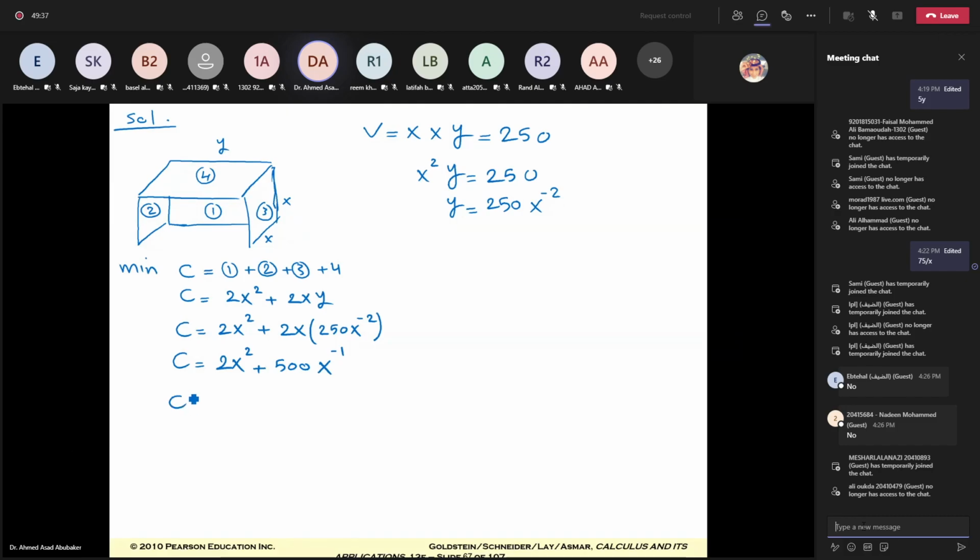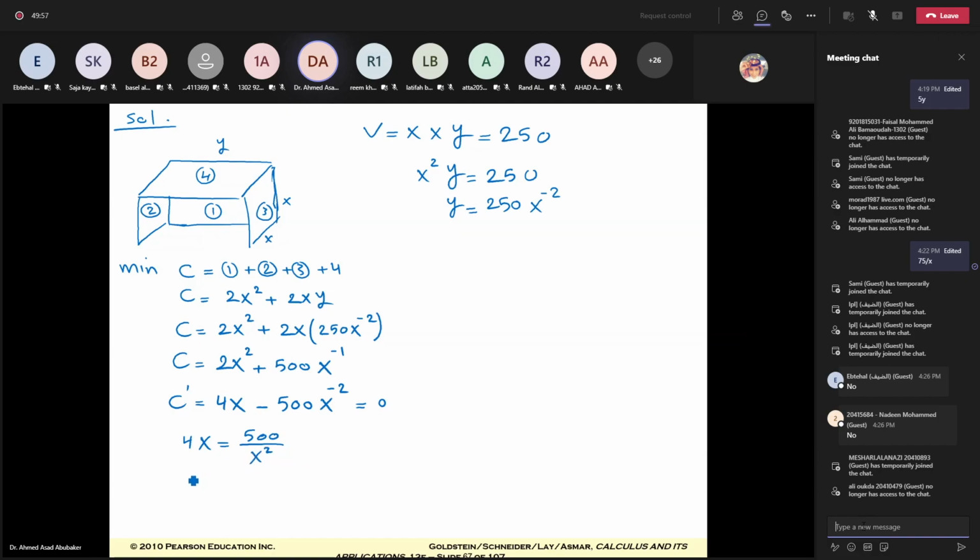Now, C prime equals 4x minus 500x to the power minus 2. This is equal to what? Equal 0. We solve this equation. We have 4x equals 500 over x squared.